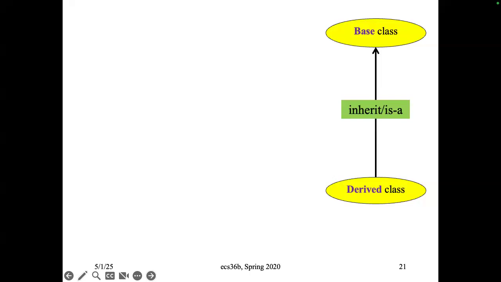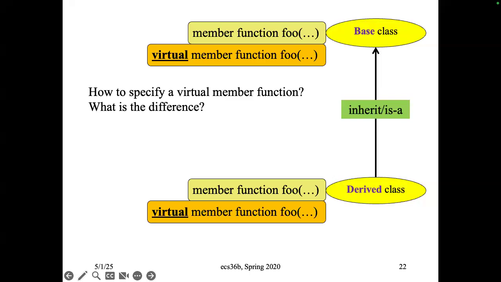Okay. All right. So here is, wait a minute, why can't I move? Ah, here. So first, I have to say, what's the difference from a regular member function? In the base class, I have a member function called foo.